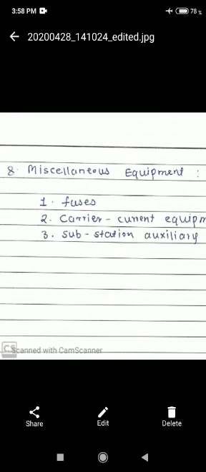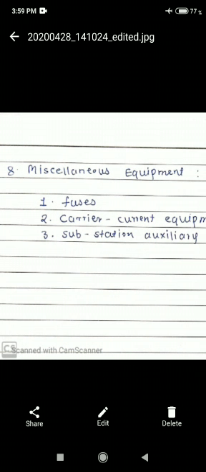I suggest that when you visit the substation, you physically observe all the instruments, and also study their function and how they work during that visit.